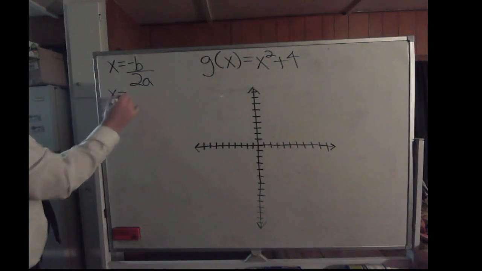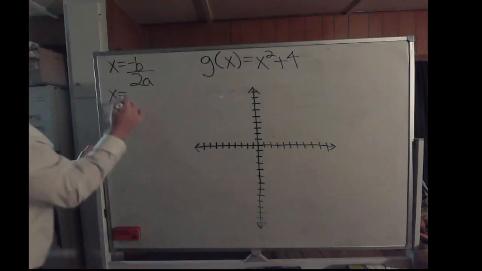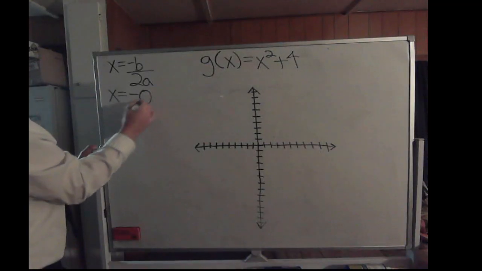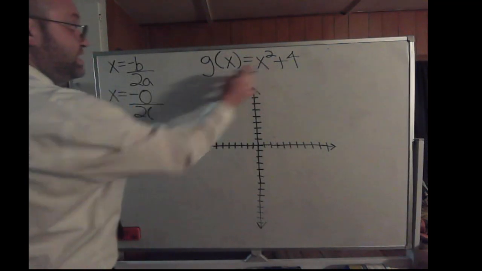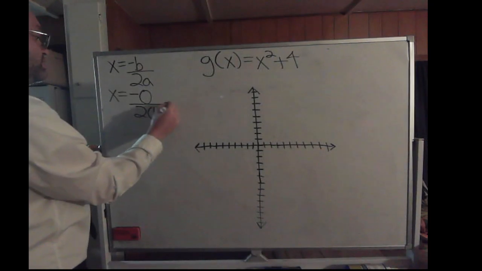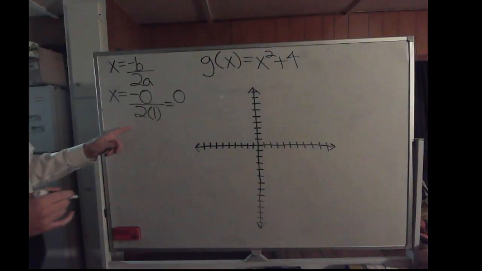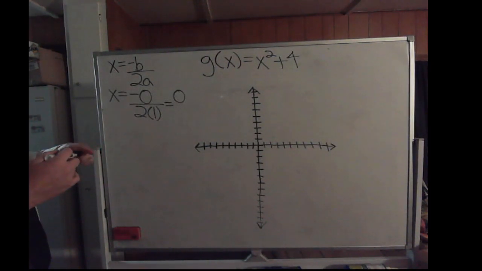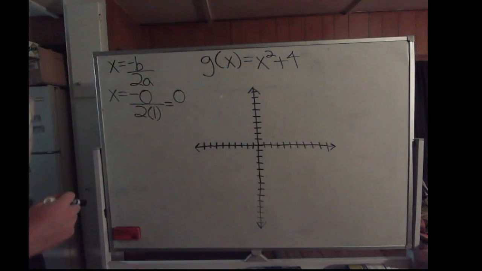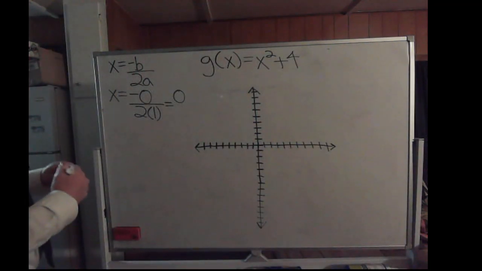Well, the b term, there is no x to the first term, so that goes right away to 0. You have negative 0 over 2 times your coefficient on the x squared term is 1, so that means x is 0. We found the x-coordinate of the vertex is going to be at x equals 0, which, by the way, is also your line of symmetry, at x equals 0. So again, your line of symmetry is the entire y-axis.